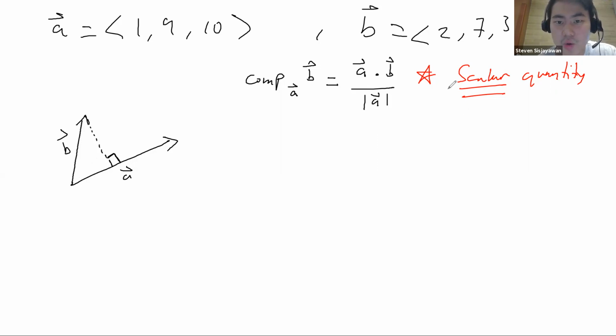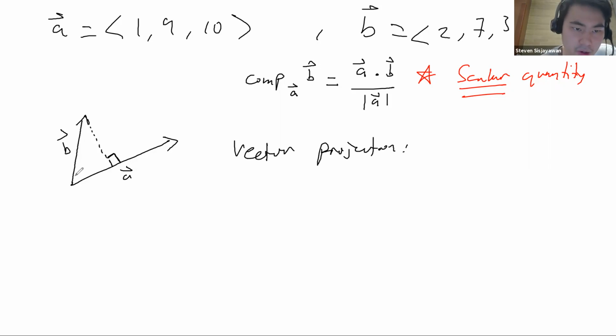Okay, so this is scalar projection, and now let's cover this idea of vector projections. With scalar projection, you get the scalar quantity; with vector projection, you're trying to find this vector right there.